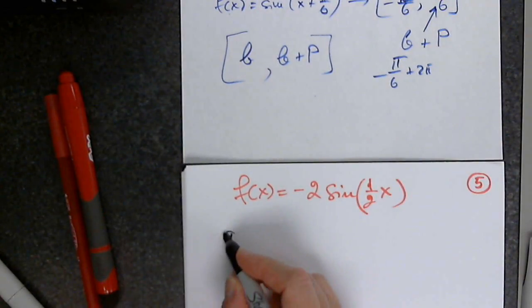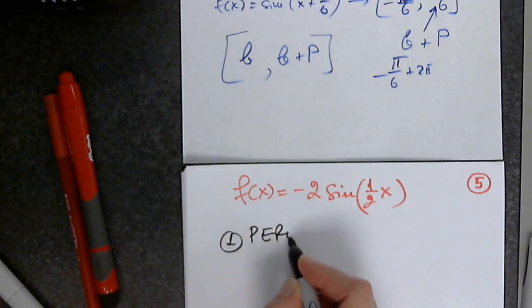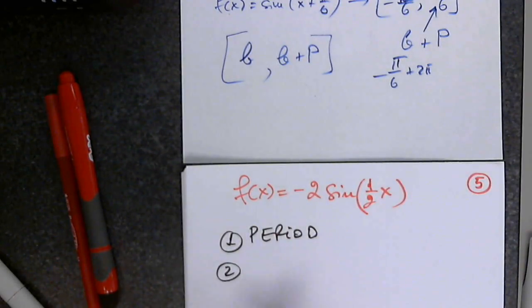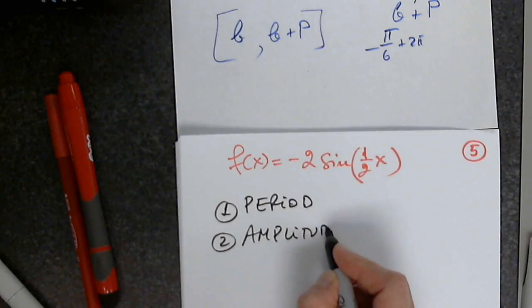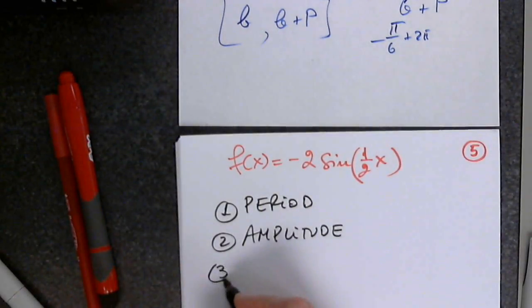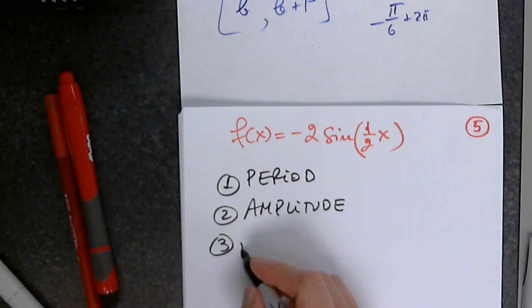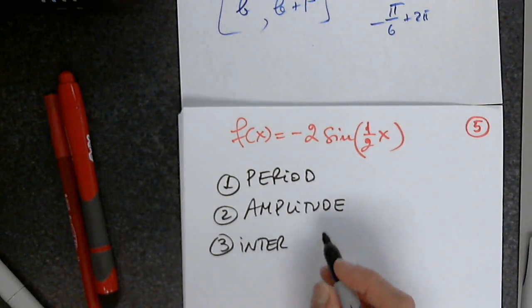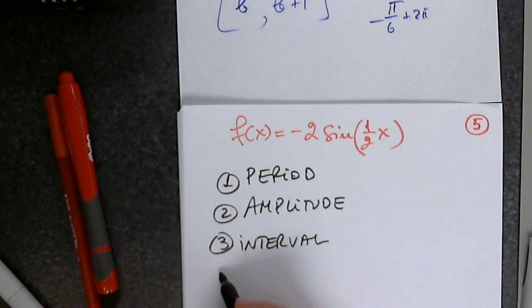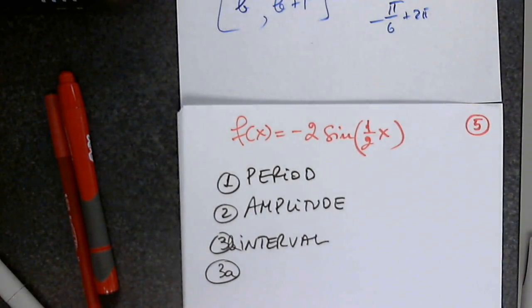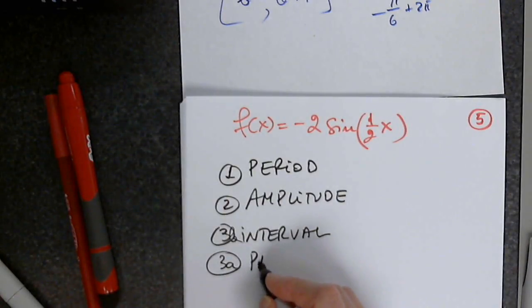Number 1, period. Number 2, I want amplitude. Number 3, I want interval. I should have put phase shift first, I'm sorry. So I'm going to do 3b and 3a. And we have to start with 3a, phase shift.